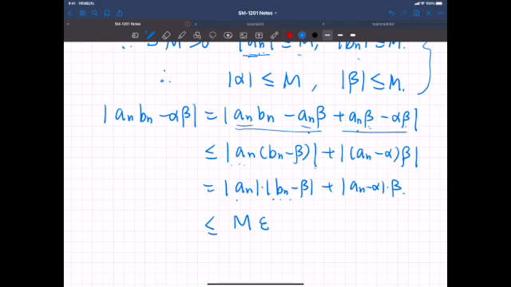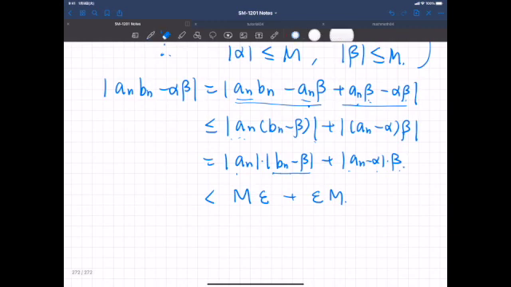Actually, this should be strictly less than, because this is strictly less than. And similarly, this is strictly less than epsilon, and |beta| is less than or equal to m. Anyway, we have this, so that is equal to 2m epsilon.